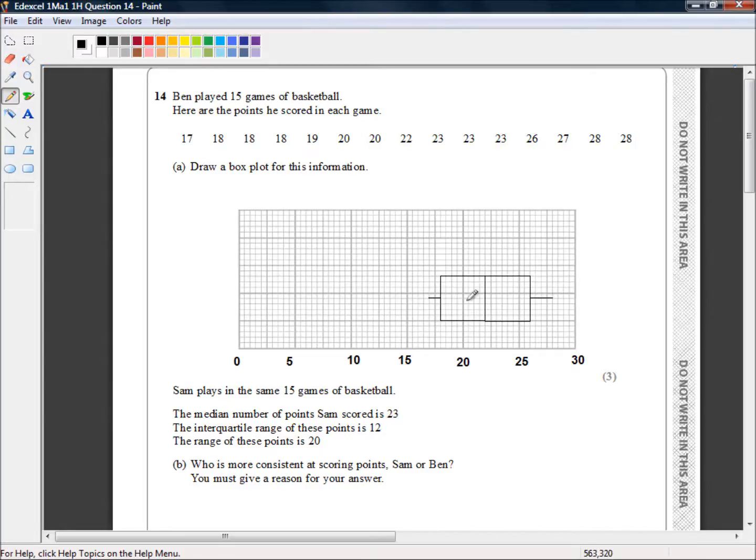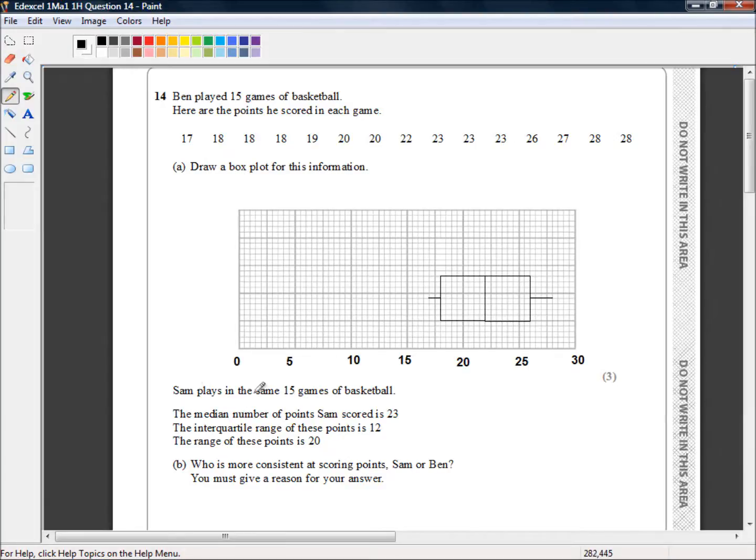So when we come to interpret this box and whisker chart, the length of the line from the extreme left end to the extreme right end gives us the range of the data, and the length of the box gives us the interquartile range, and of course the line inside the box gives us the median. So that's our box. That's part A done.